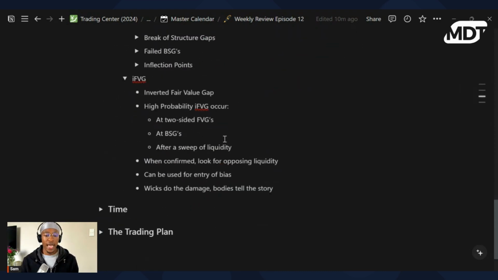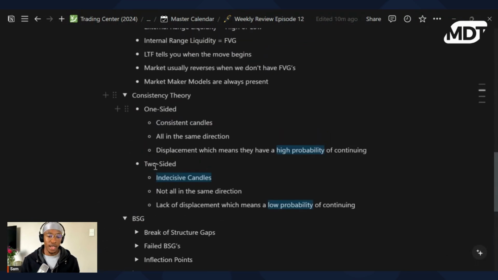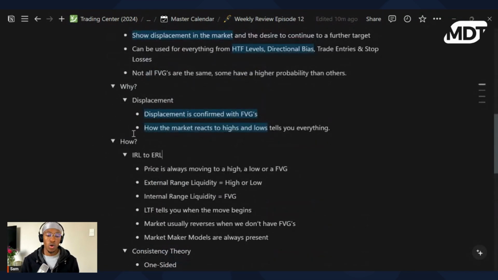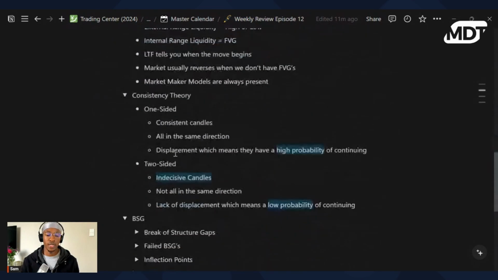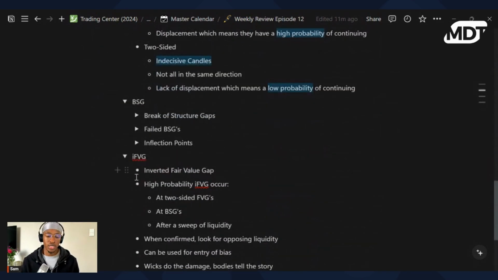Break of structure gaps and inverse fair value gaps. These are a bit more niche, more advanced concepts, and we'll come back to inverted fair value gaps when we get to the entry criteria.